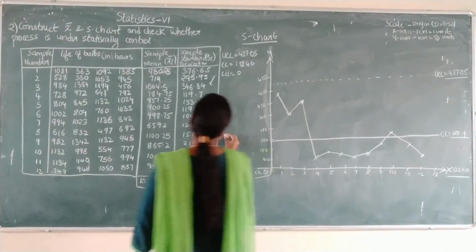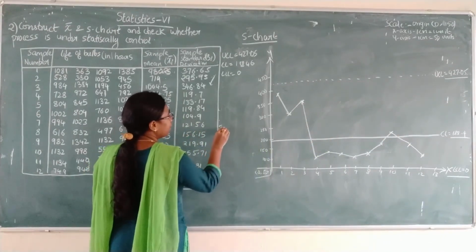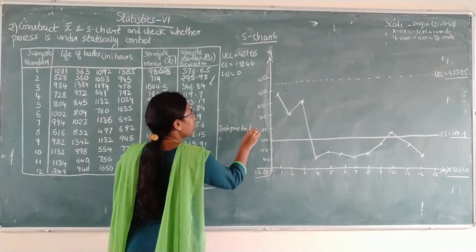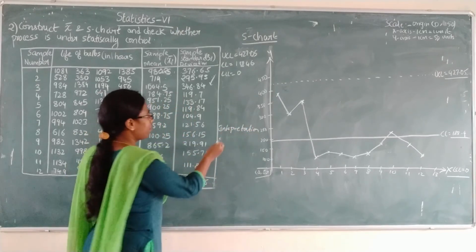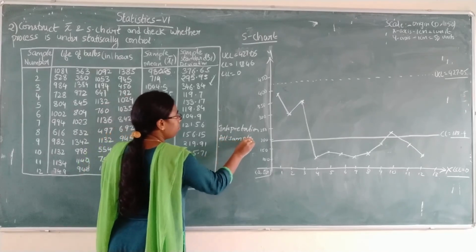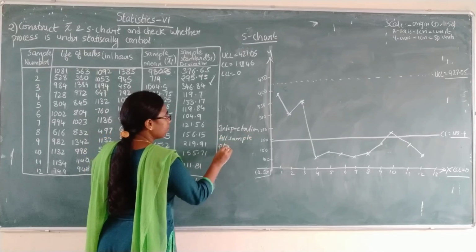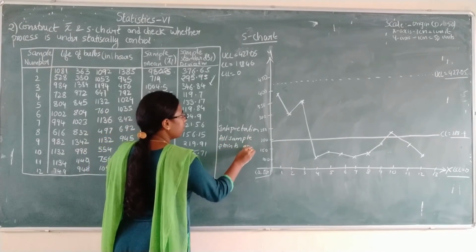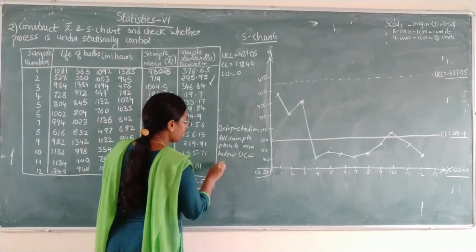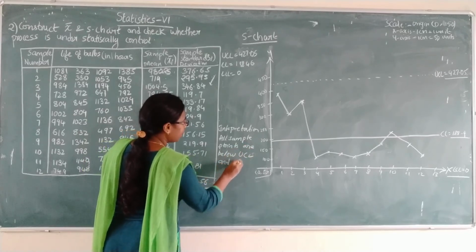Now coming to the interpretation, what can I write as the interpretation? Here all the sample points are below the UCL and above the LCL.